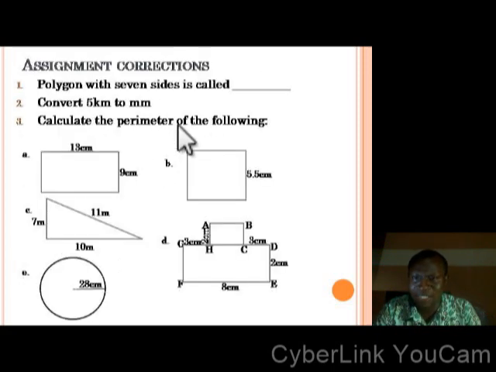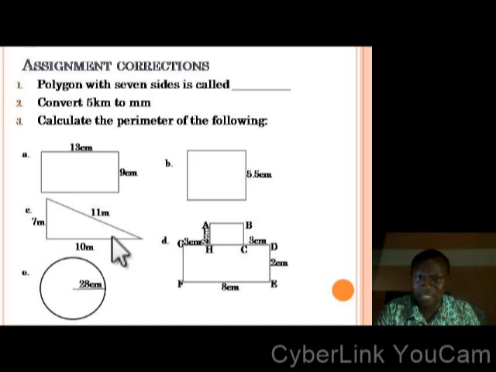Then the C part, we have a triangle here. A triangle of varying lengths. Triangle of sides 11 meters, 10 meters, 7 meters. Remember the definition of perimeter. Finding the perimeter of this particular shape means that we have to add all the sides round the shape.